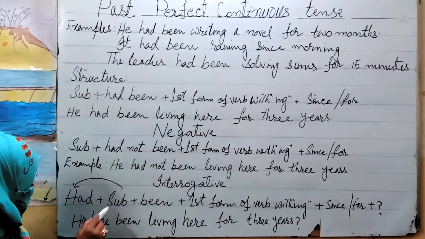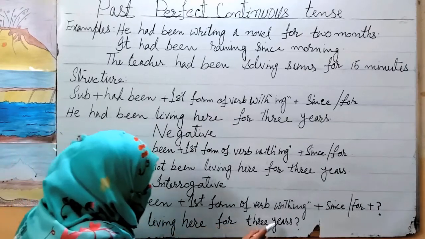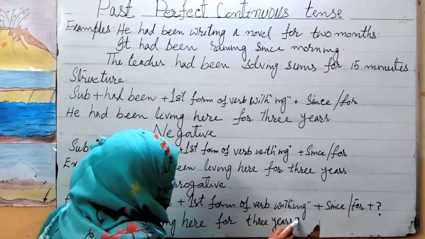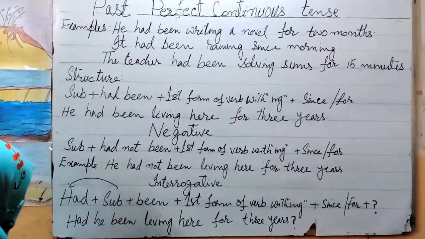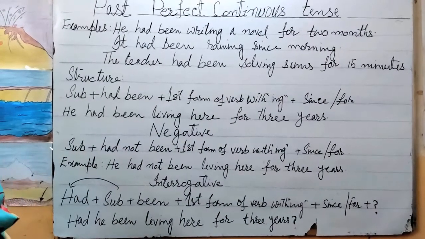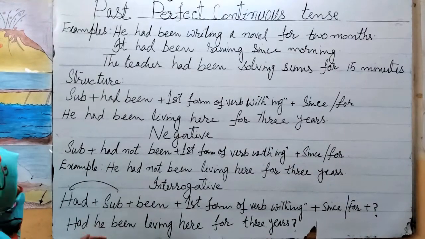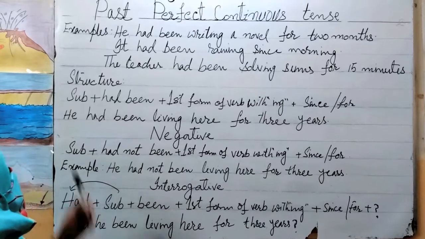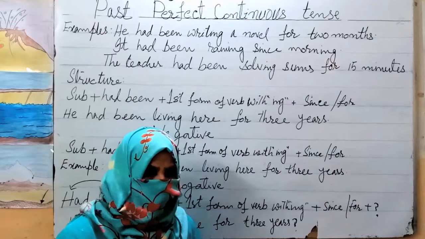Example, had he been living here for 3 years? Question mark, that is the sign of interrogation. I hope you understood the structure and the formation of negative and interrogative of past perfect continuous tense.